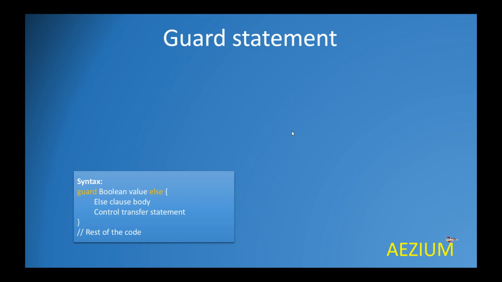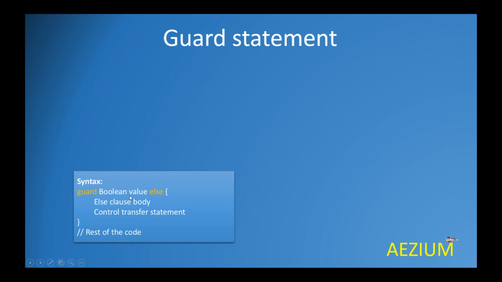Here's the general syntax of a guard statement. We have the keyword guard followed by a Boolean value, and then we have else followed by opening and closing braces, and within the braces we have the else clause. One way to look at this is that whatever appears within the braces would be the body of the else clause, and whatever appears after the guard statement would be the body of the guard statement.